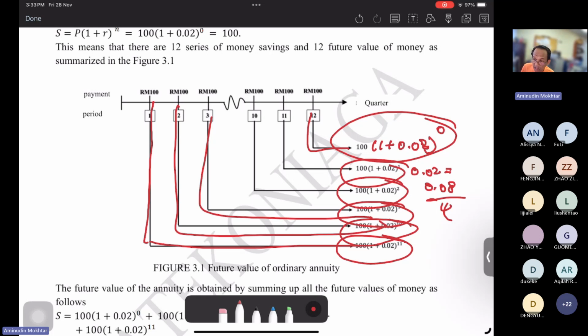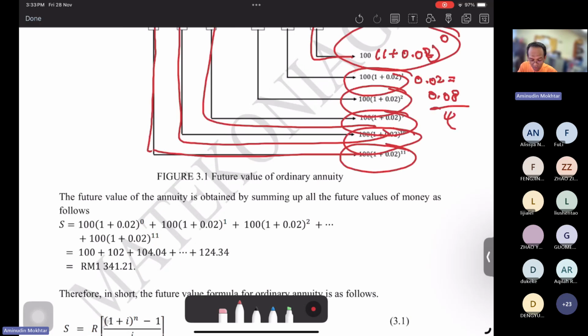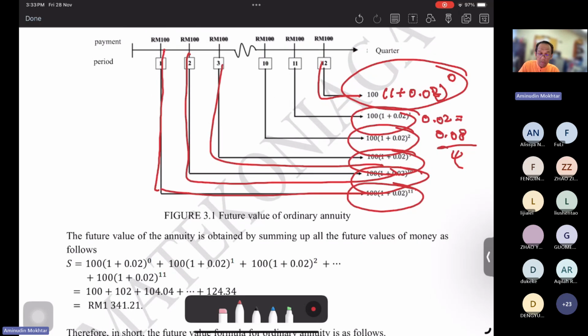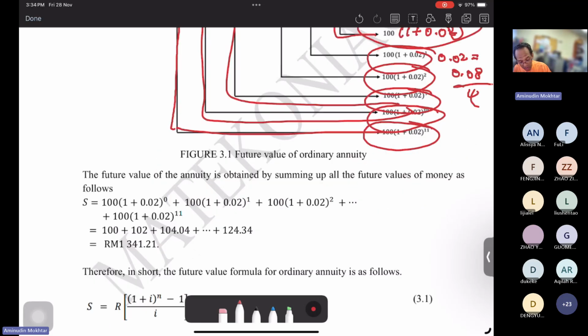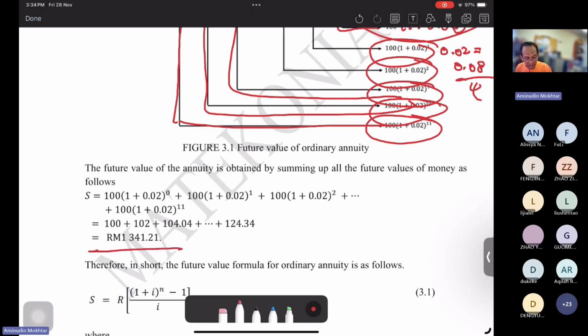In this case we have 12 future values of money, and we need to find the future value for every 100 ringgit deposited in a bank. If you do this manually, the future value of each amount is calculated individually, and then you sum all the future values, you will get the answer 1,341 and 21 cents.